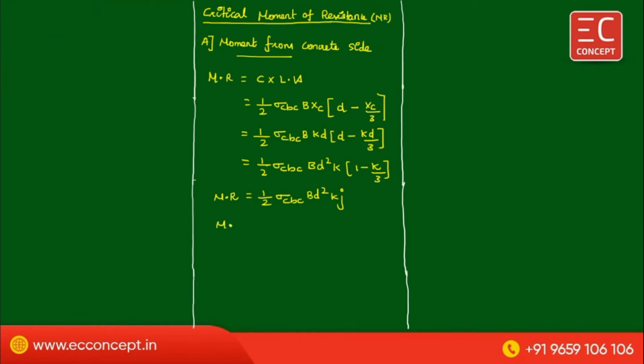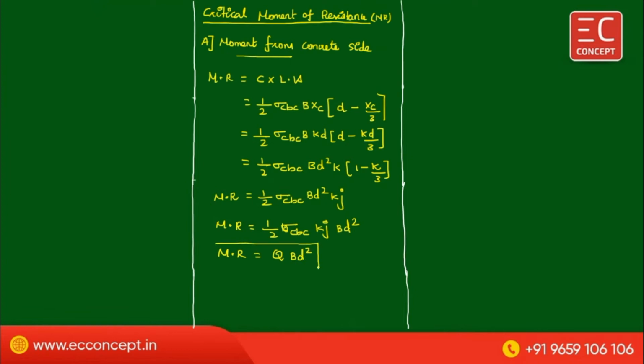So moment of resistance from the compressive zone or concrete is equal to 1 by 2 sigma CBC K J B D square. So moment of resistance we can write as Q B D square.